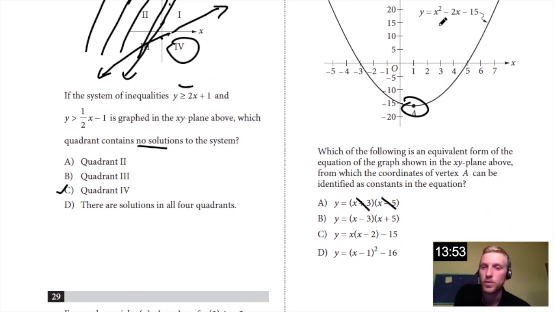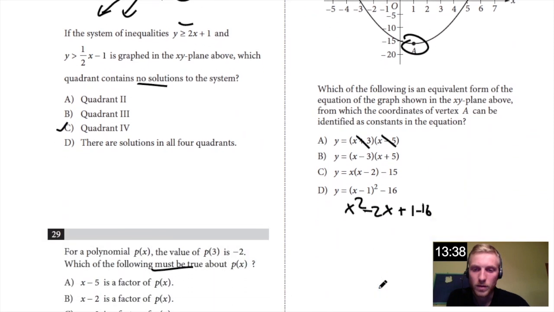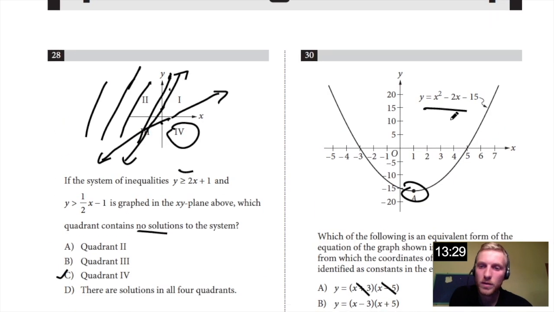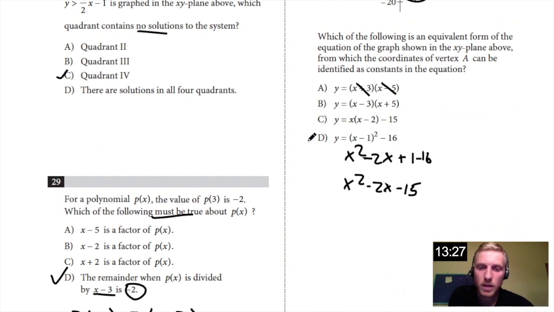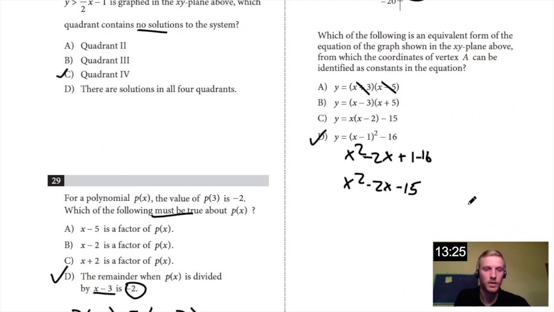So x minus 1 times x minus 1 is going to be x squared minus 2x plus 1, and then we have minus 16. So we're going to say this is equal to x squared minus 2x minus 15, and that is our original equation. Okay, so D must be our answer.